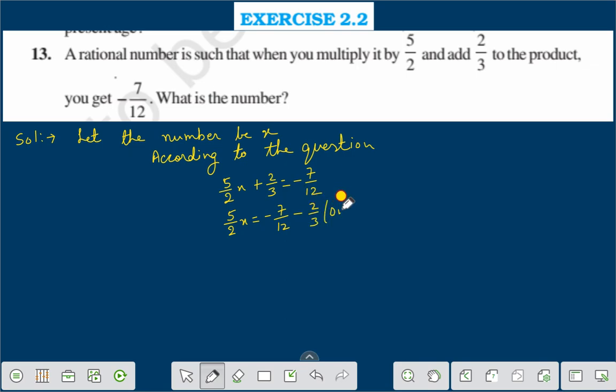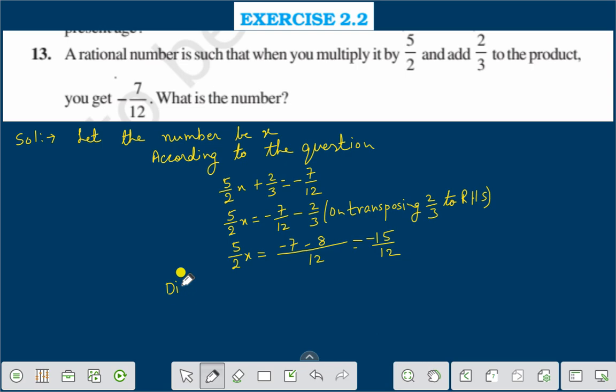On transposing 2 by 3 to the right hand side, you can get 5 by 2 x is equal to, LCM is 12, minus 7 minus 8 (12 divided by 3 is 4, and 4 twos are 8), so you are getting minus 15 by 12.